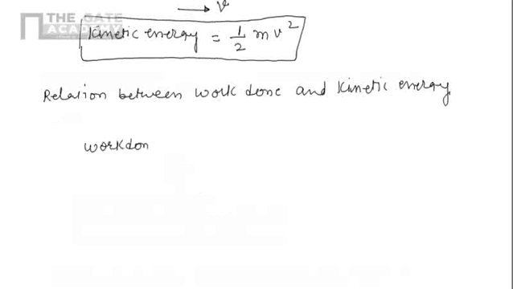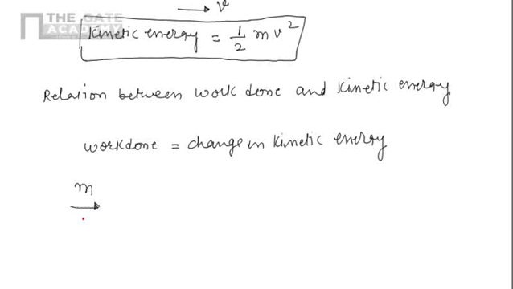I am briefly writing the relation: work done is nothing but the change in kinetic energy. Suppose a body of mass m has an initial velocity u, and by doing some work the velocity becomes v.